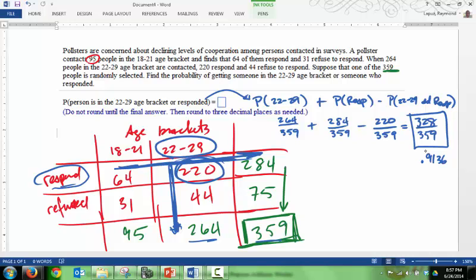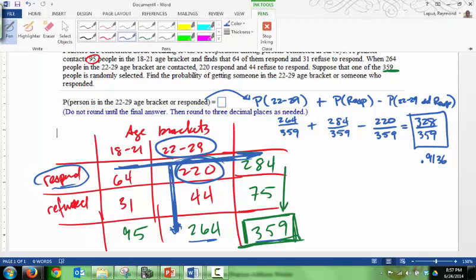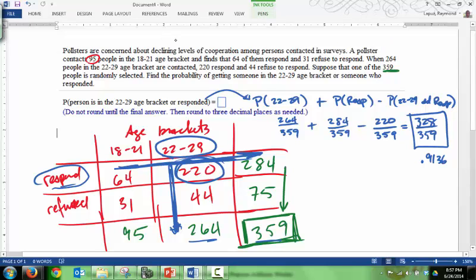Now let me do this a different way, with the hopes of making things a little bit clearer. You're looking for the person in the 22 to 29 age bracket or the person who responded.